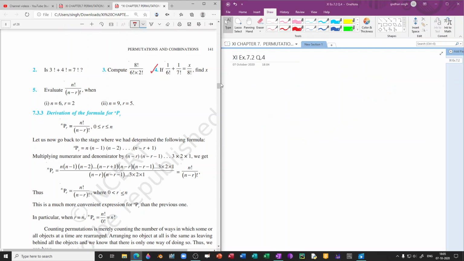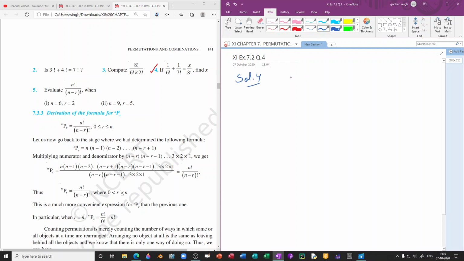Question number 4. If 1 by 6 factorial plus 1 by 7 factorial equals x by 8 factorial, find x. So solving the fourth one. Solution 4: 1 by 6 factorial plus 1 by 7 factorial equals x by 8 factorial.